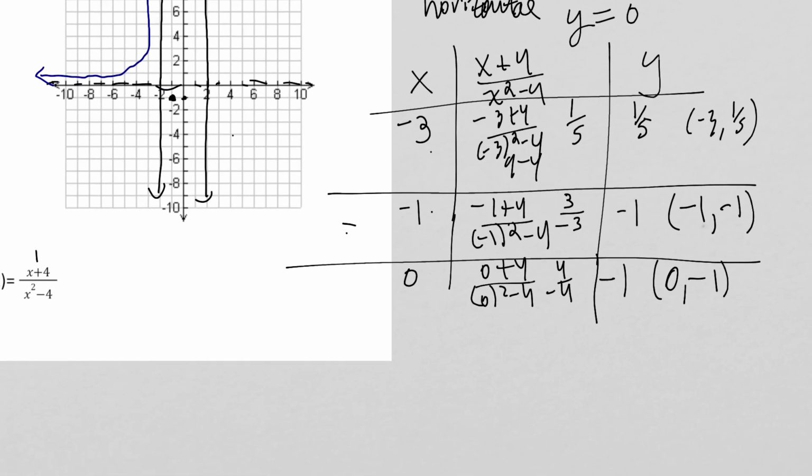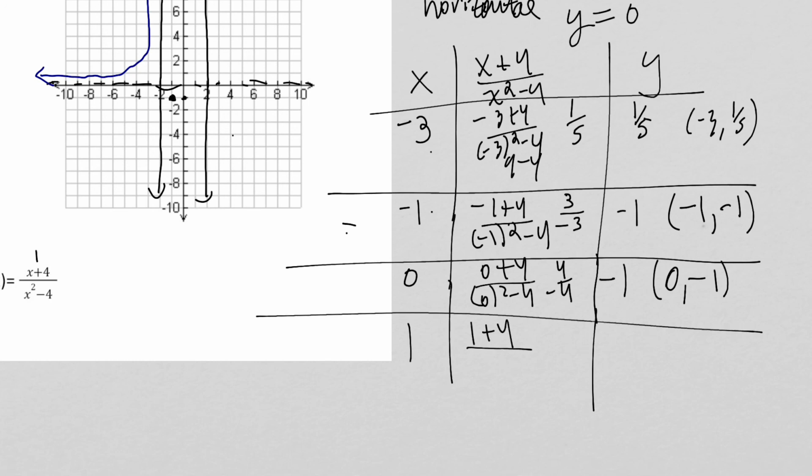Now let's choose positive 1. 1 plus 4 over 1 squared minus 4. So that's 5 over 1 minus 4, negative 3 again. So it's 1 comma negative 5/3.